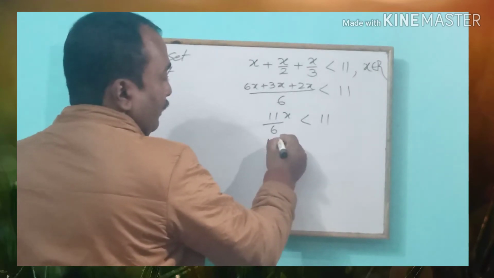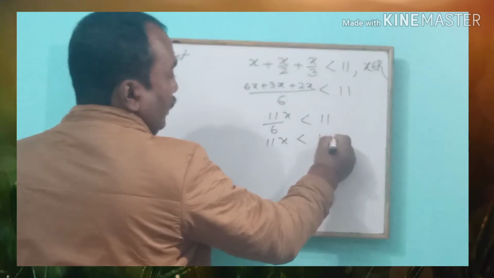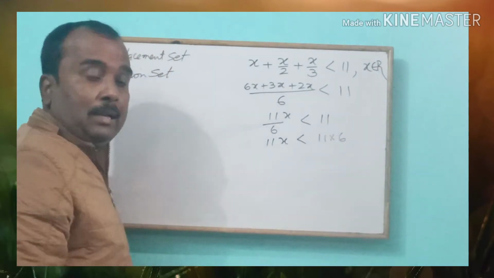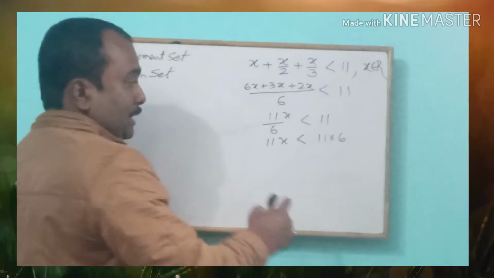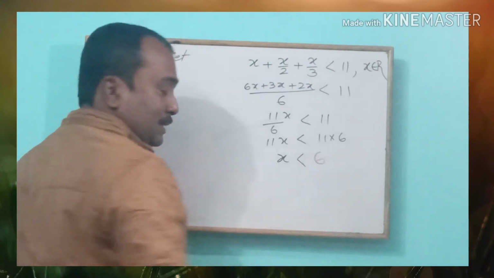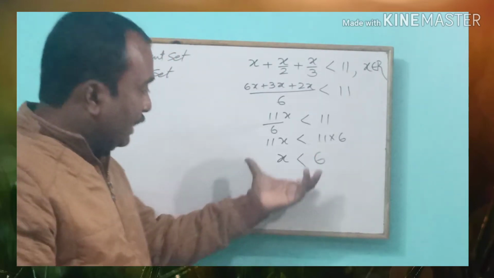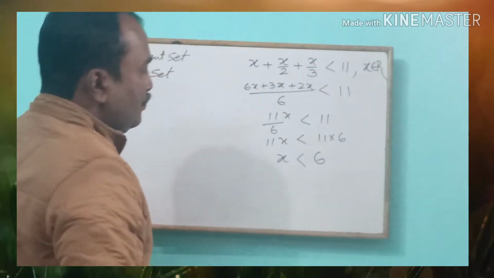I get 11x less than 11 into 6. Then I told you that I have to make the coefficient of x 1. That means I divide both sides by 11. So x is less than 6. So finally we have achieved that x should be less than 6.